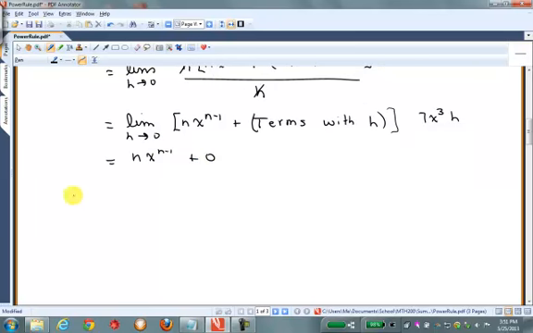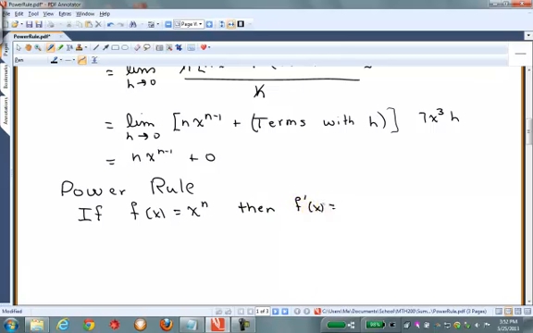So we have this statement. This is the statement of the power rule. If f of x is x to the n, then f prime of x is nx to the n minus 1.